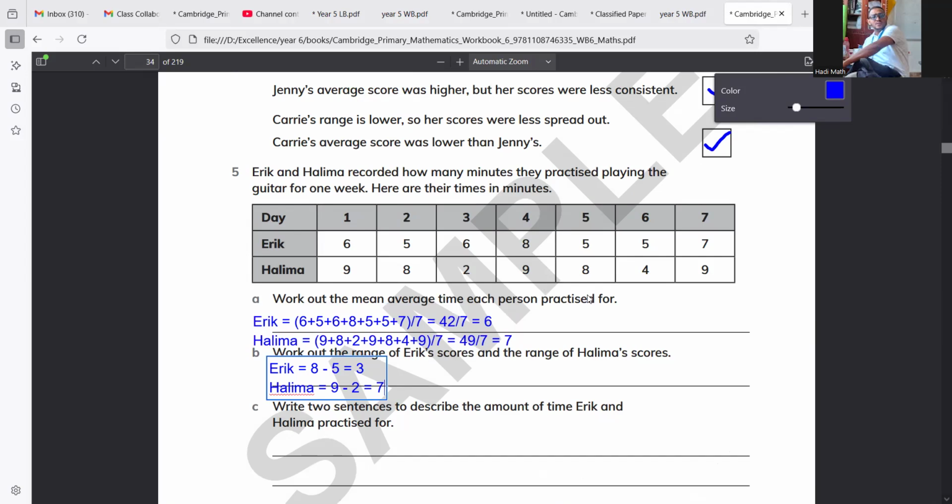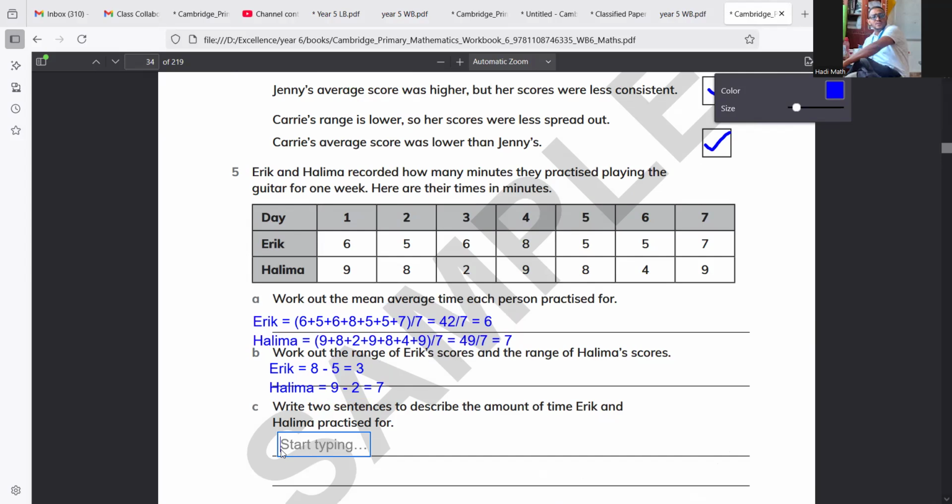Write 2 sentences to describe the amount of time Eric and Halima practice. We need 2 sentences describing the amount of time Eric and Halima practice. What could we say? First, number 1, we can speak about the mean.